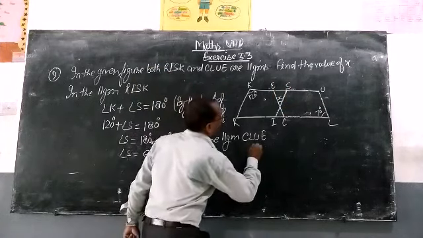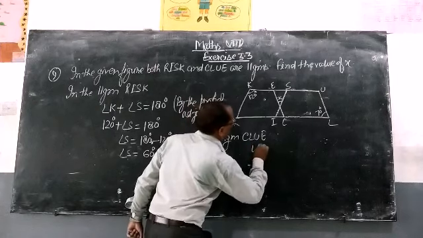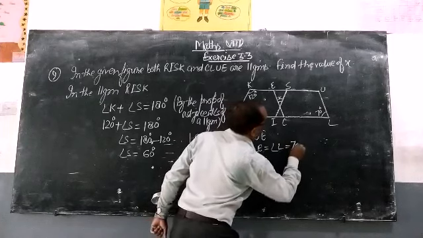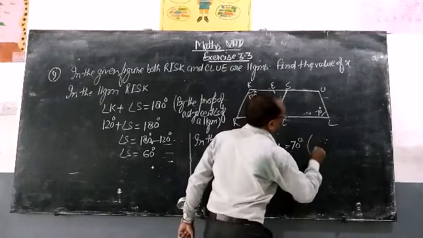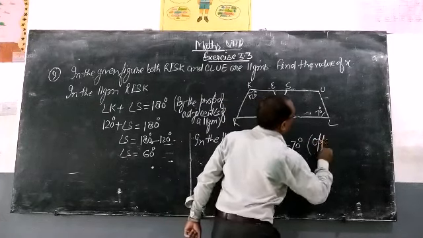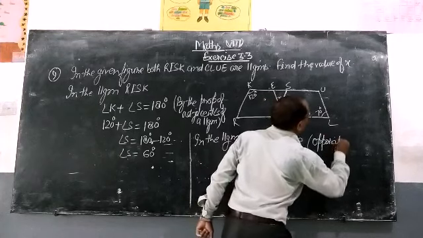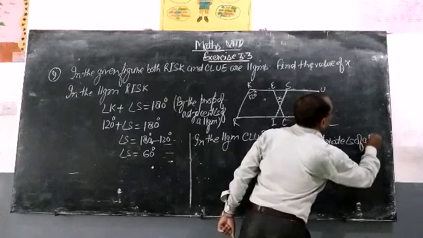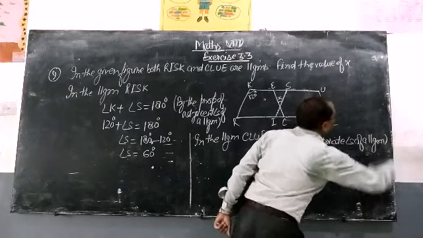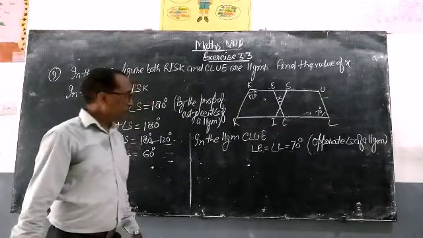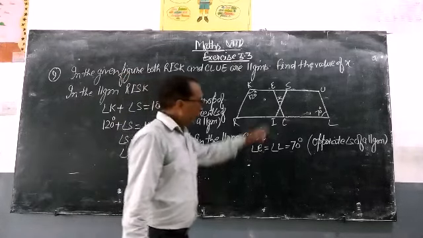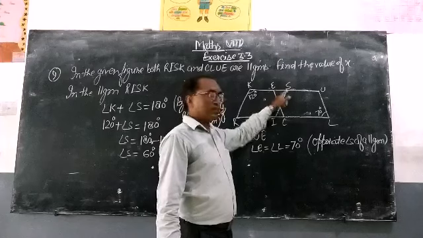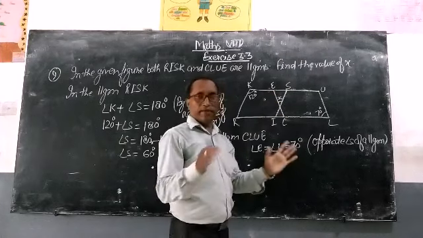So angle E is equal to angle L is equal to 70 degrees, opposite angles of a parallelogram. In this triangle, I have two angles, angle E and angle S, which we have found.